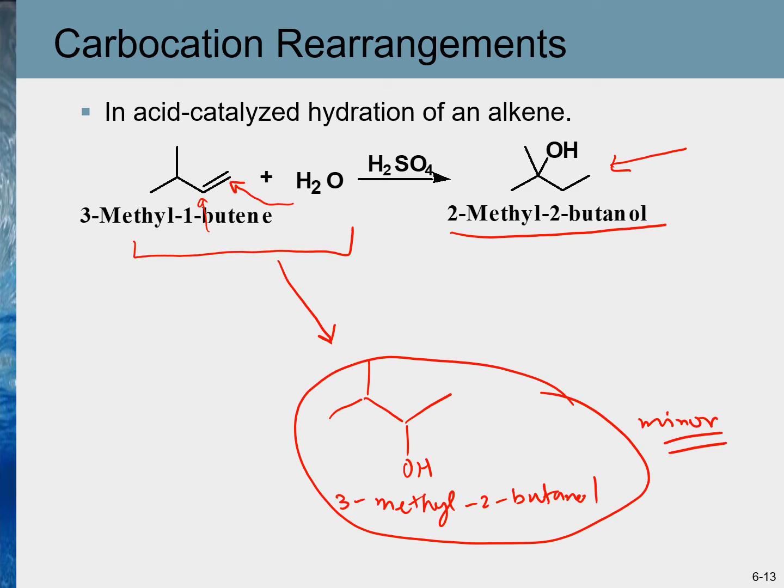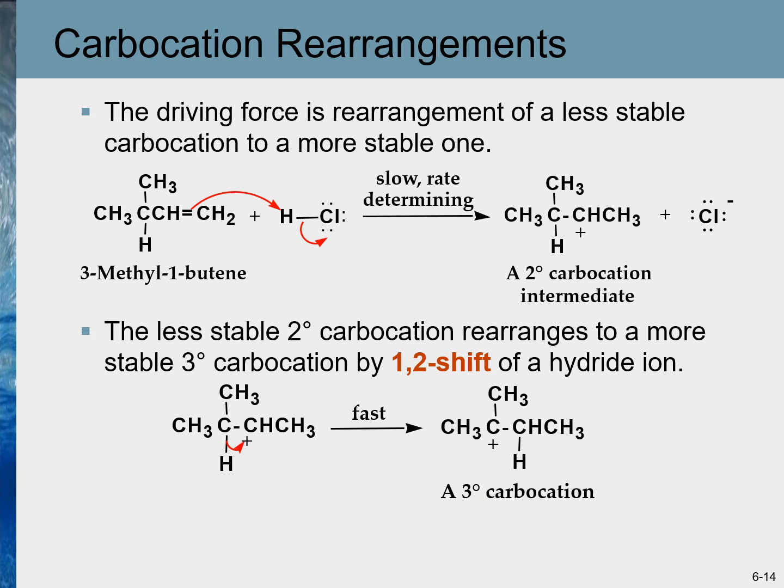To explain carbocation rearrangement, we will take a look at the reaction of 1-methyl-1-butene with HCl. It is an electrophilic addition reaction, and the mechanism proceeds as we explained in the case of hydrohalogenation.